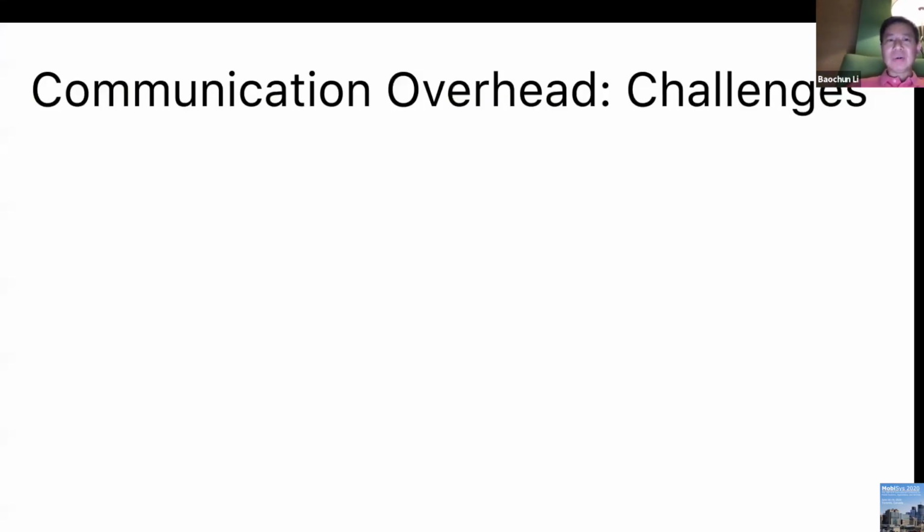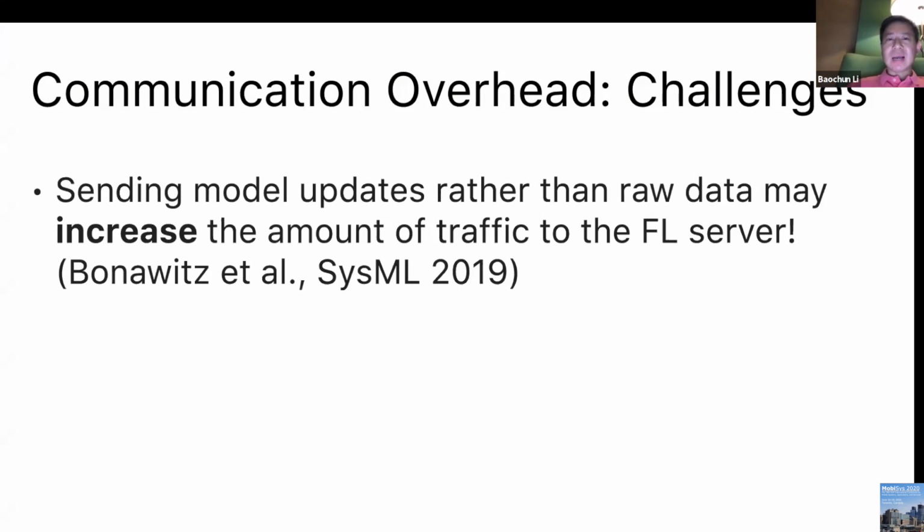Communication overhead is about the amount of work that we do sending the model updates to the federated learning server. It might be hard to imagine, but sometimes sending the actual model updates would incur a larger amount of traffic as compared to sending just the raw data to the federated learning server.